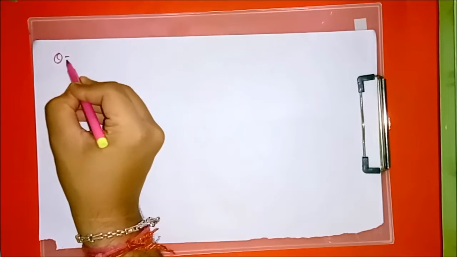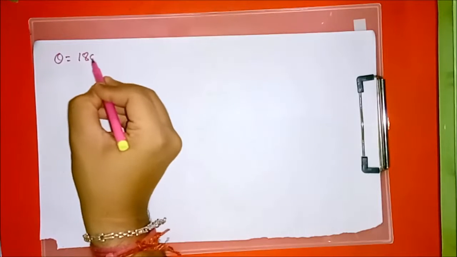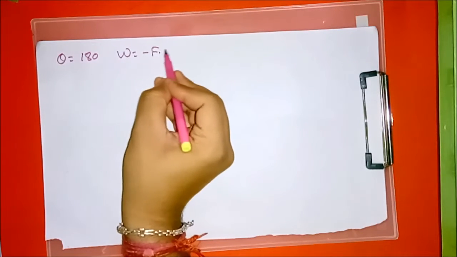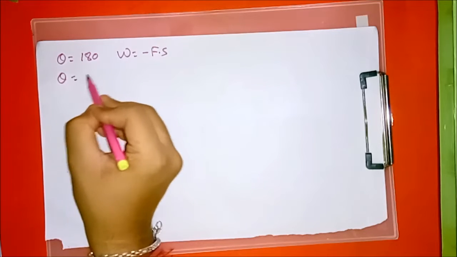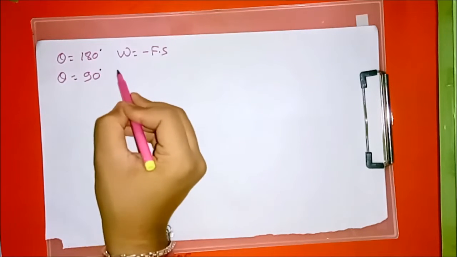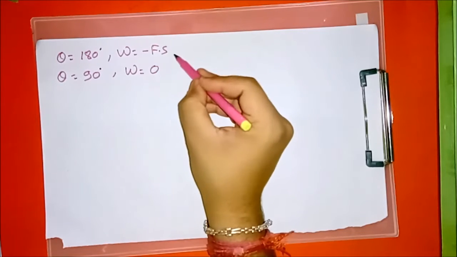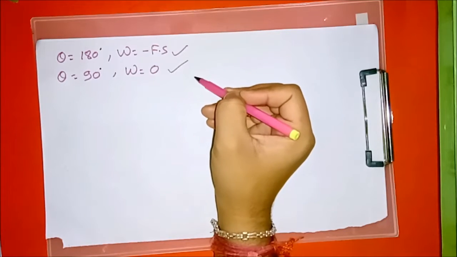When theta is equal to 180 degrees, the work done is negative, and when theta is equal to 90 degrees, work done is 0.